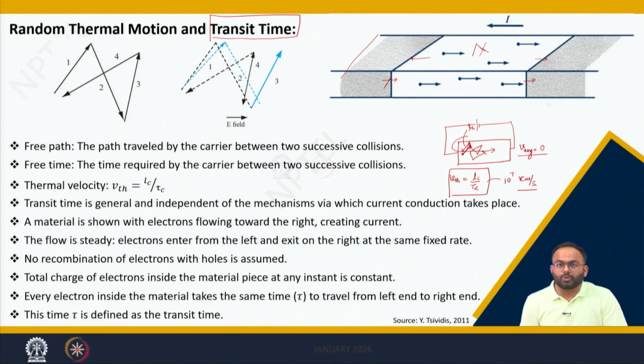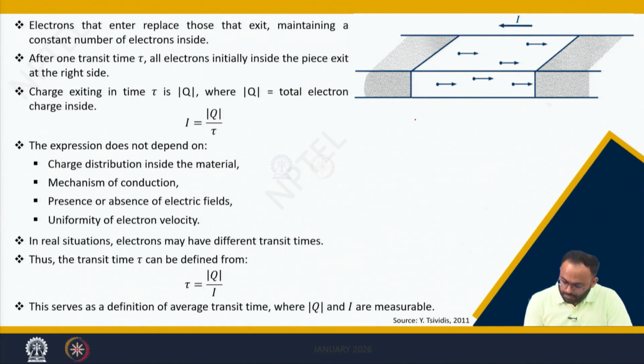If I want to calculate the time traveled by the electrons between these positions, that time is called transit time. I can simply find this transit time as Q by I, where Q is the total charge available in this strip. You can calculate the total charge here, where, let's say, this dimension is A, this dimension is B, and the thickness is C.